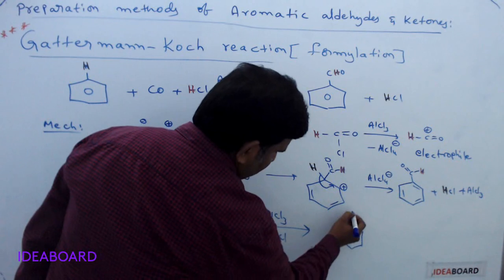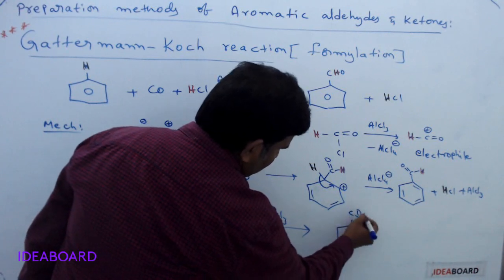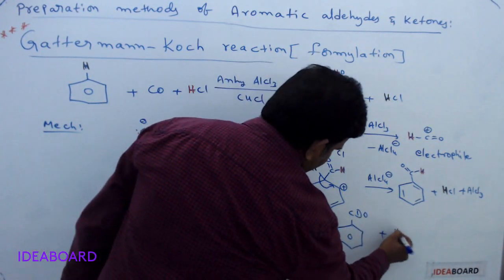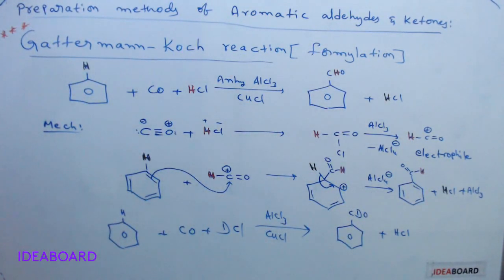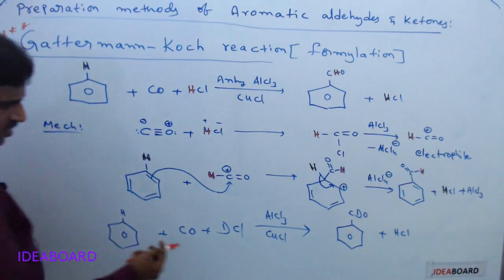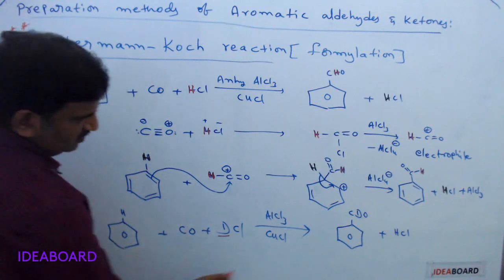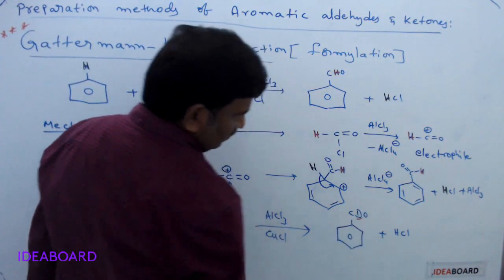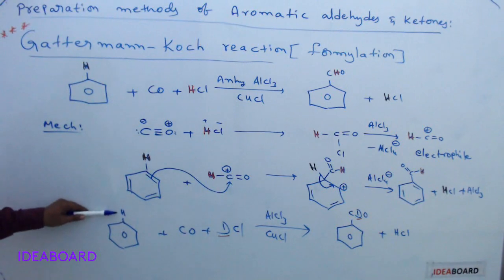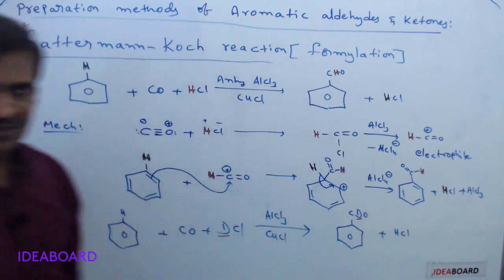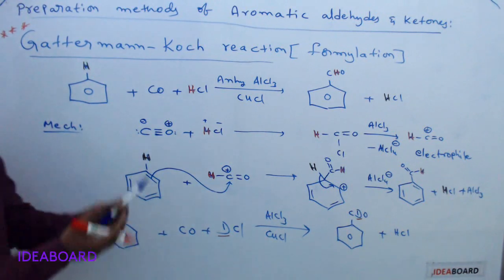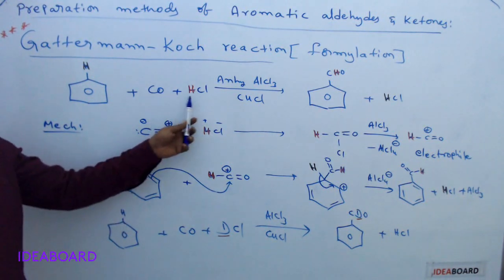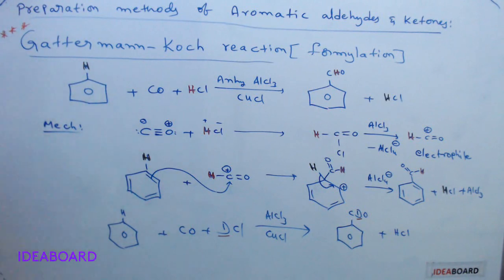You can guess it easily. We will get CDO plus HCl. So you can observe that the D present in the deuterochloric acid is coming into the CHO, and the H present here will come into the HCl. This is proof that the hydrogen present in the product is different from the one present in the HCl.